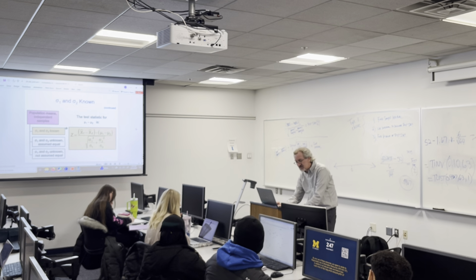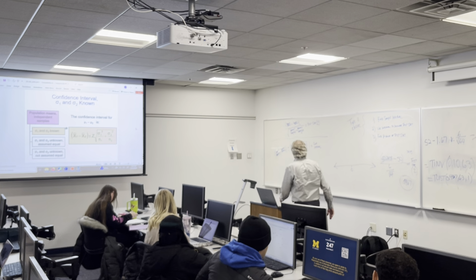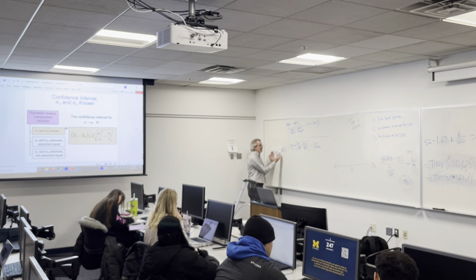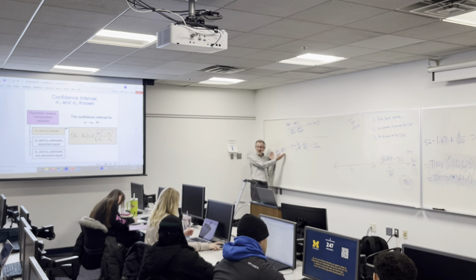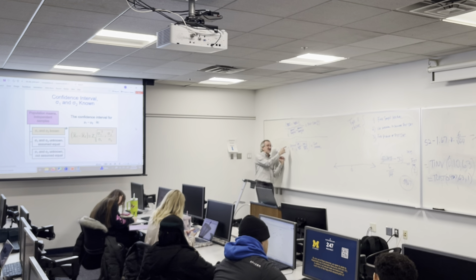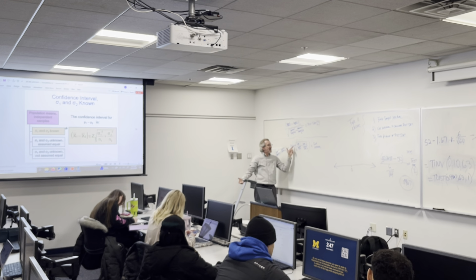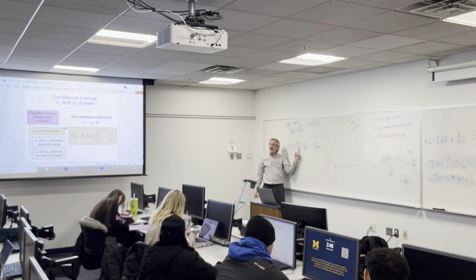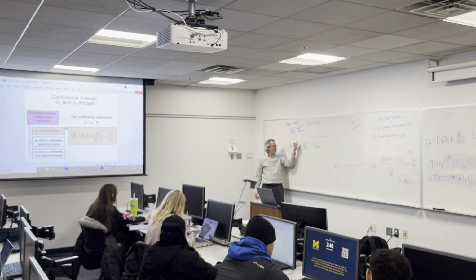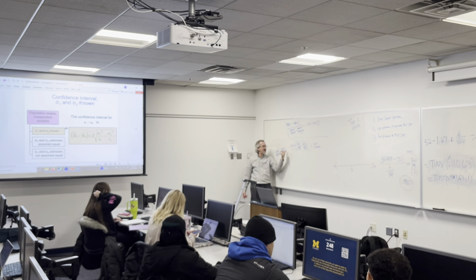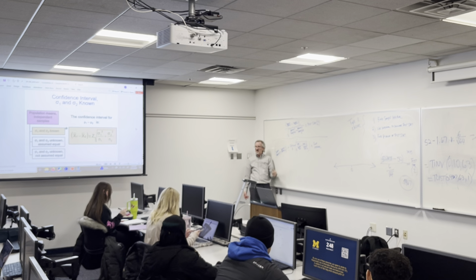Now, what if it's a confidence interval? Here's the equation. It's sample 1's mean minus sample 2's mean. So instead of just coming up with the sample mean here, you've got to subtract the two sample means, plus and minus the critical value, which in this case is Z because we have the population standard deviations, times variance 1 over sample size 1, plus variance 2 over sample size 2, add those up, square root it, multiply it times your critical Z, and now add and subtract it from these two being subtracted.